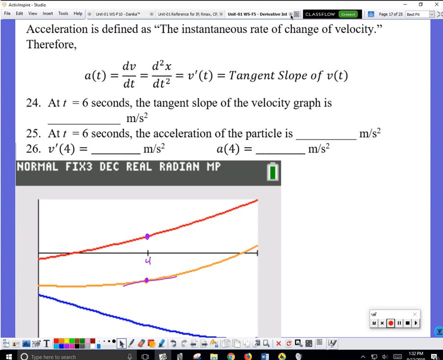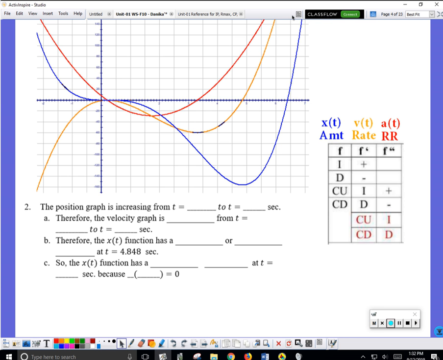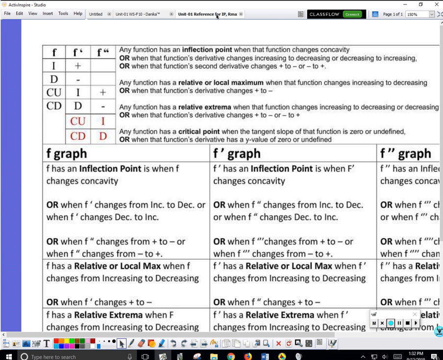One second. Okay, this sheet, really, once we discuss and once you do some problems, the goal is to get to the point where all you need on this entire sheet is this box right here. Okay?